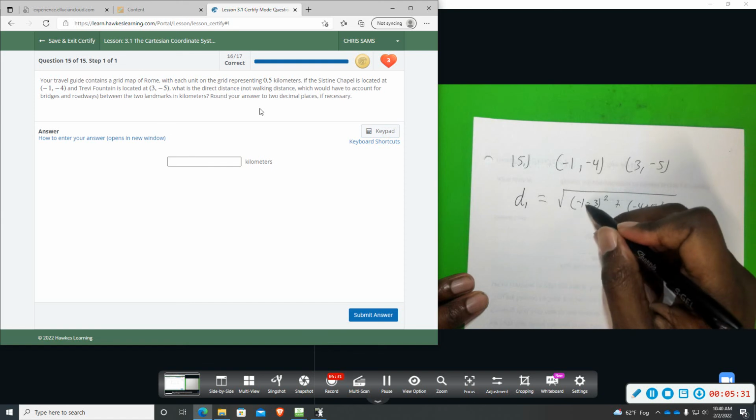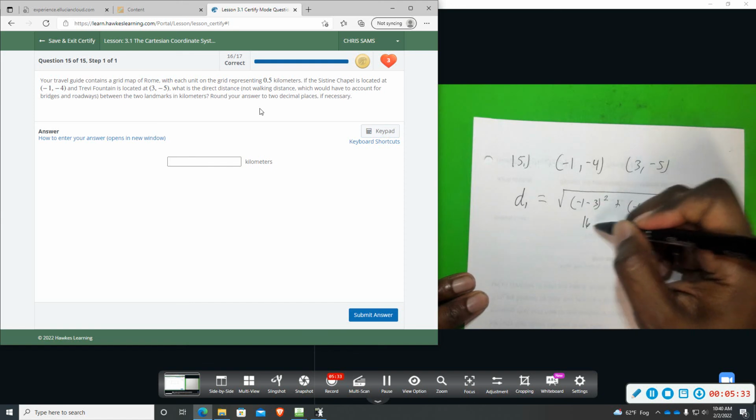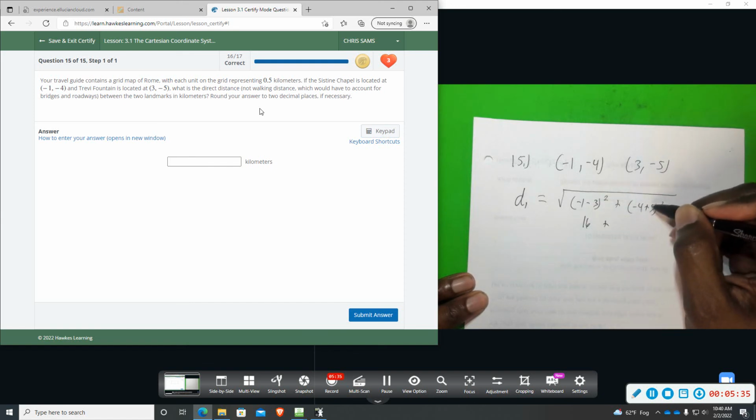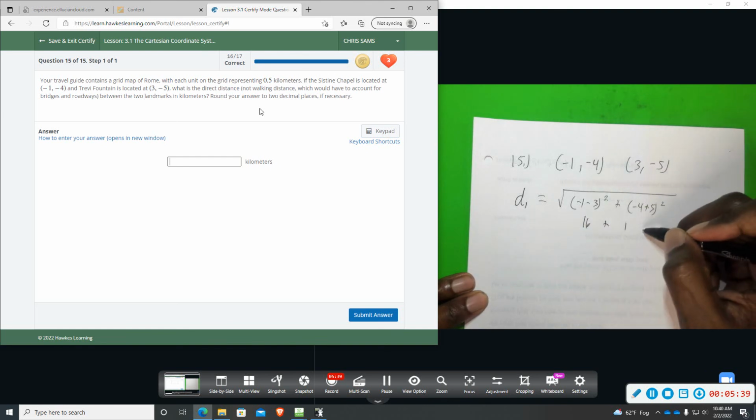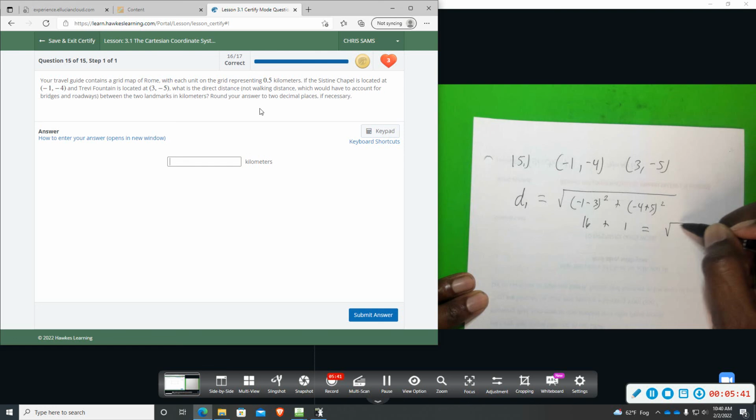This gives us -4 squared is 16. This gives us 1 squared, which is 1. And then that gives us the square root of 17. You have to multiply that by 0.5 kilometers. And so round your answer to 2 decimal places.